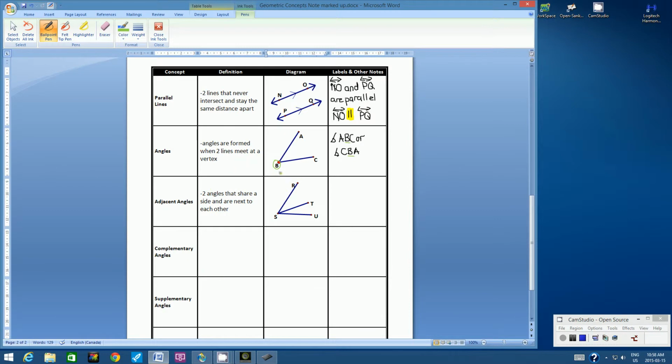Okay, so let's write down what we know here. Well, we know that angle RST and angle TSU are adjacent angles.